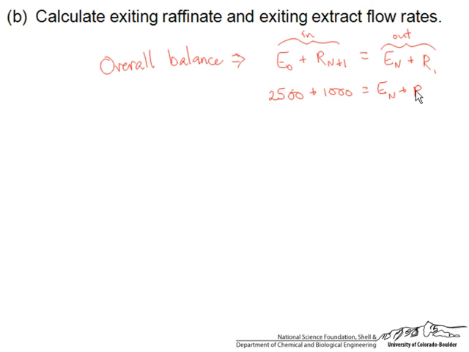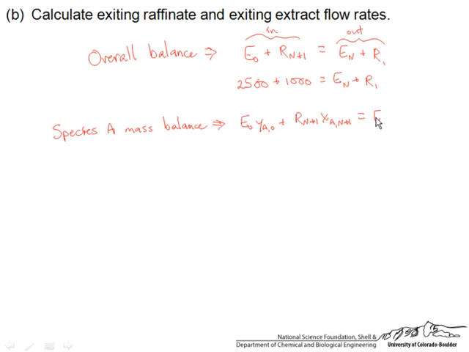plus R1. Now let's do a species balance. We'll do it on the solute, species A mass balance. And that is, again, the stuff going in, E0 yA0 plus Rn+1 xA,n+1 equals the stuff coming out, which is En xAn plus R1 xA1.